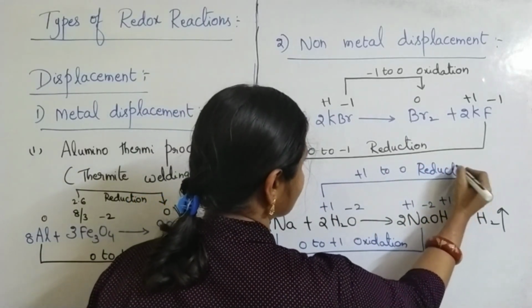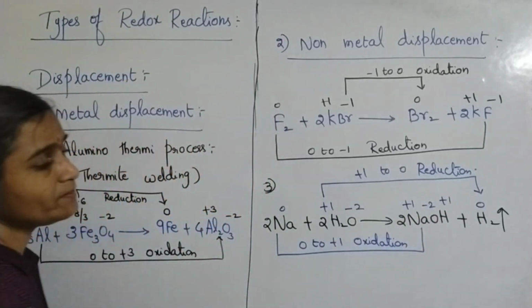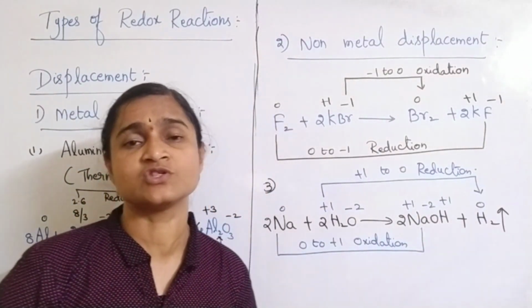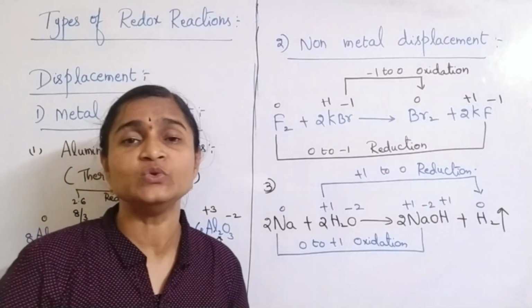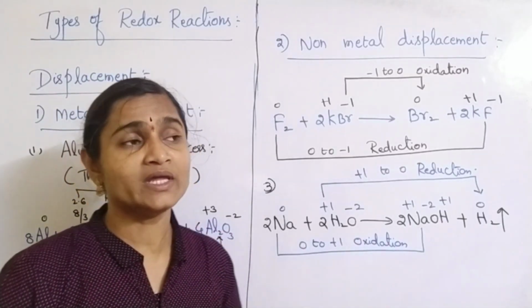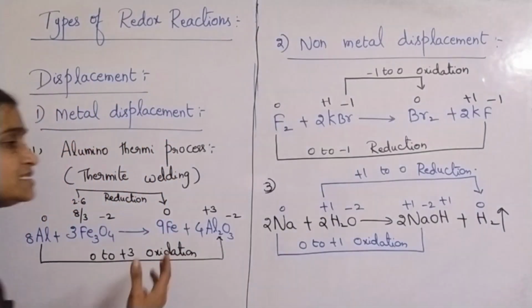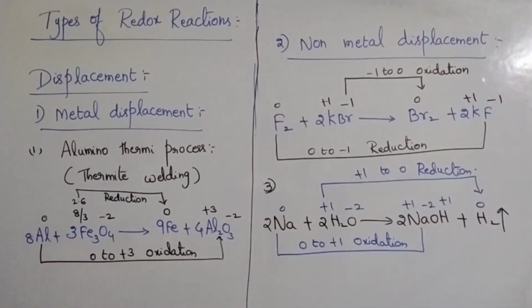That means the sodium metal reaction with water, it's a very vigorous reaction and it's a displacement reaction. Okay na, it is not metal displacement, nor non-metal displacement. Displacement of hydrogen from water has taken place, but still it's a displacement reaction and it is redox also. Okay, so please note down this.